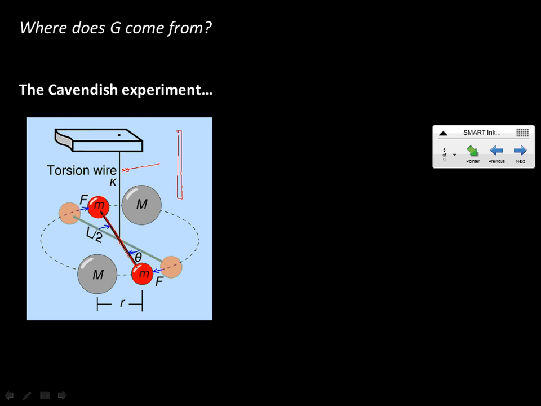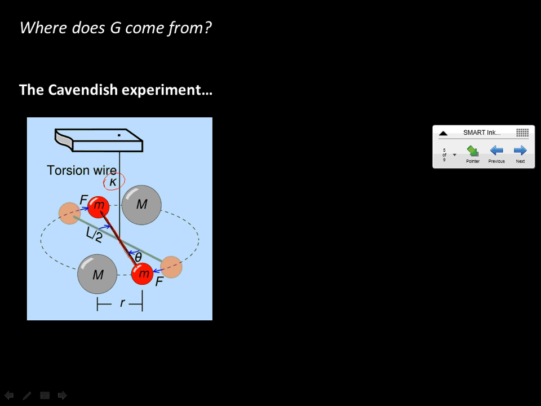If we hung something from this strap, really imagine from that bandsaw blade, you could twist it, right? But it would take some force to twist it, and that band itself would do its best to bring itself back to equilibrium. And so this band, what we call a torsion wire, has some value K that refers to how many newtons of force it takes to twist it a certain number of degrees.